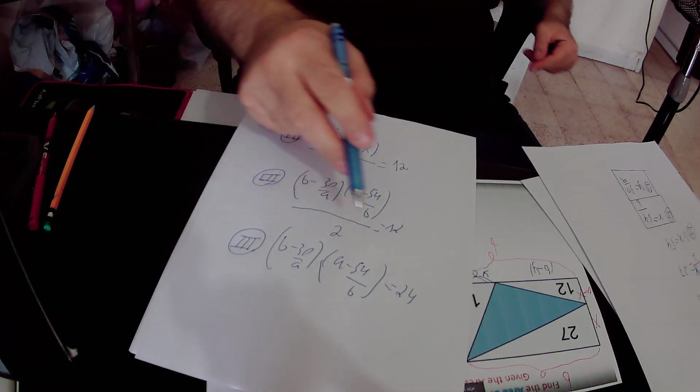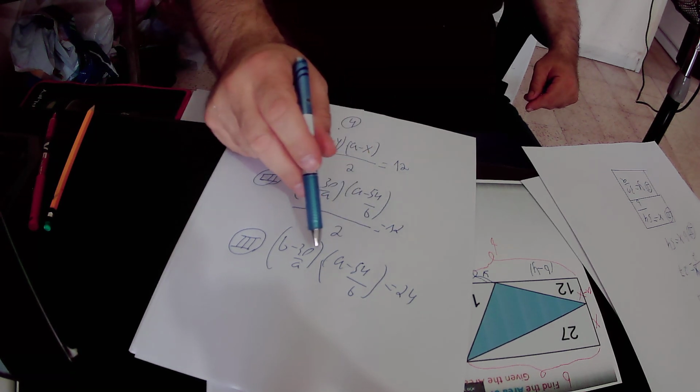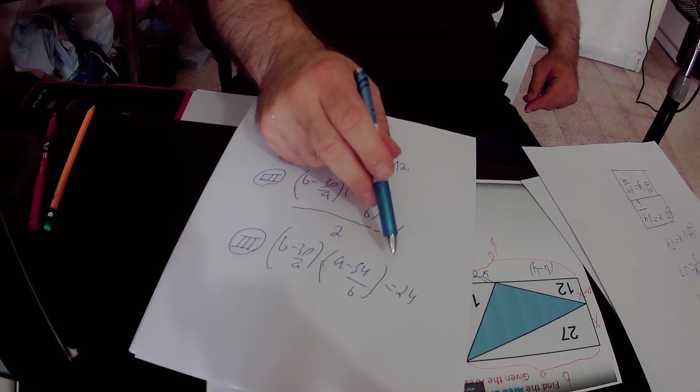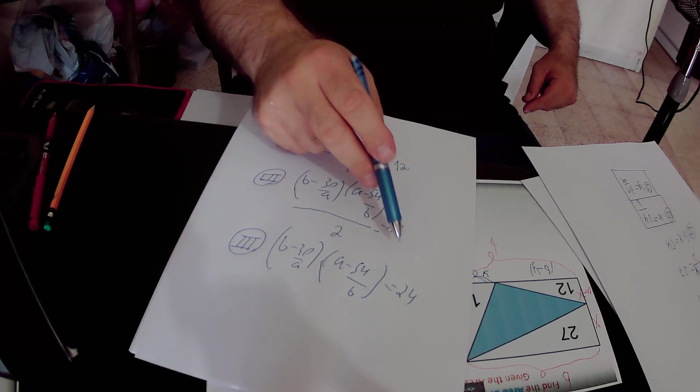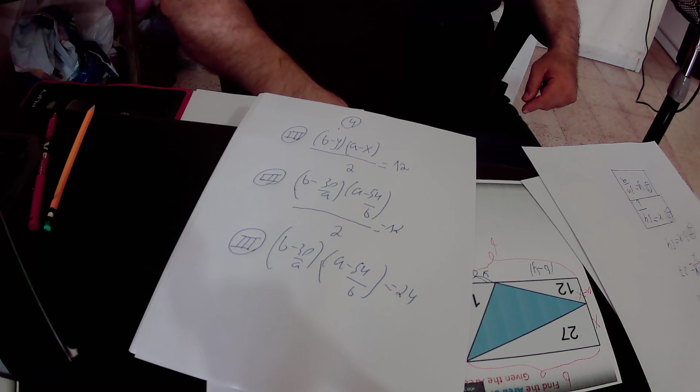Here we multiplied both sides of the equation by 2, and we got 12 times 2 is 24.